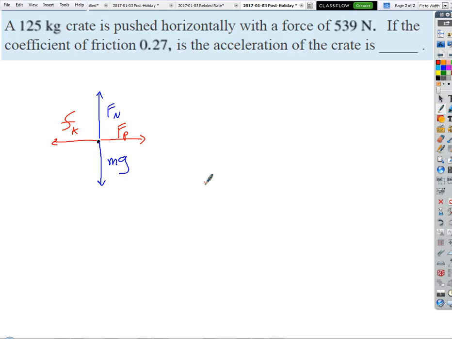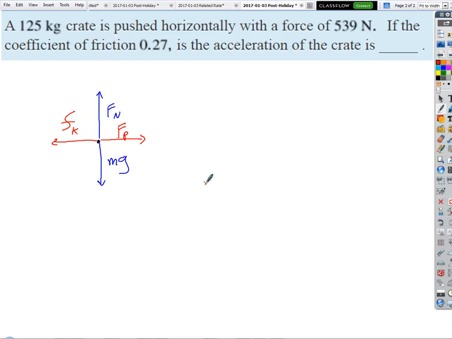Now we got to write the equations of motion. What's one equation of motion here? Okay, yeah, but we're jumping ahead a little bit. The equations of motion, remember, come from the free body diagram because there are 2 things going on here. We've got horizontal forces acting and vertical forces acting.